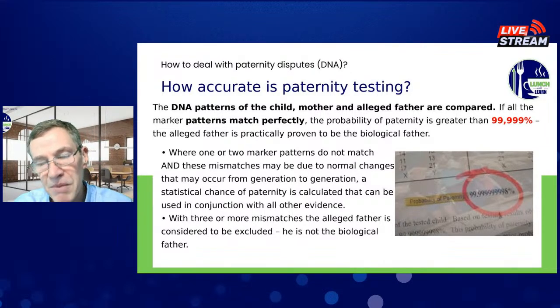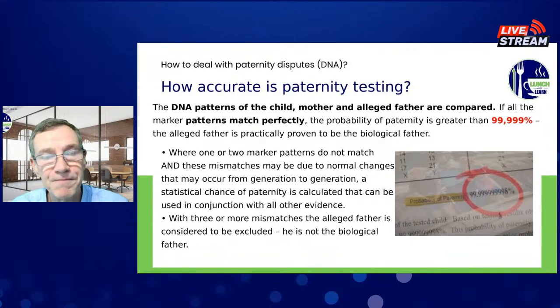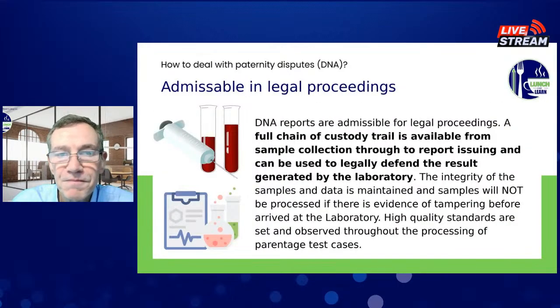Then, because it's not a 100% match and there's only one or two markers, the lab would evaluate and give a statistical chance of paternity, and that is calculated in conjunction with all the other evidence. If there are three or more mismatches in the markers between the patterns of the child, the mother, and the alleged father, then that father is totally excluded from being the father.